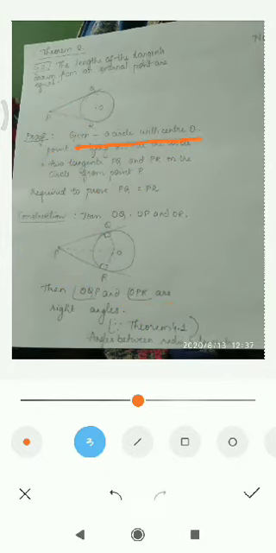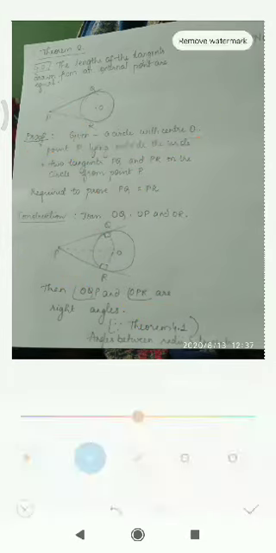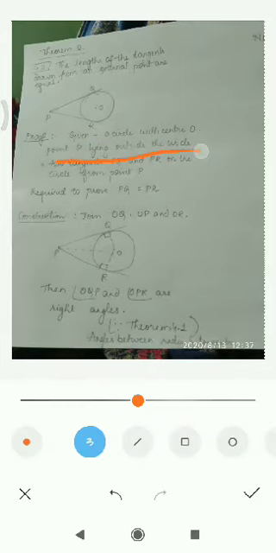So a circle with center O, point P lying outside the circle, two tangents PQ and PR on the circle from point P. These three things should be mentioned in the proof. Required to prove: PQ is equal to PR.